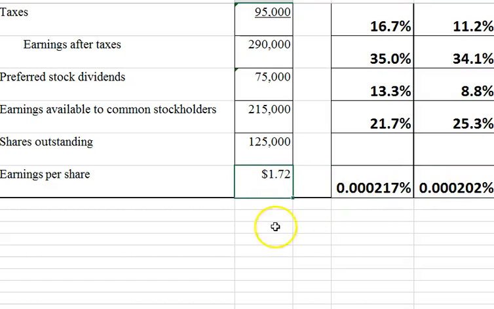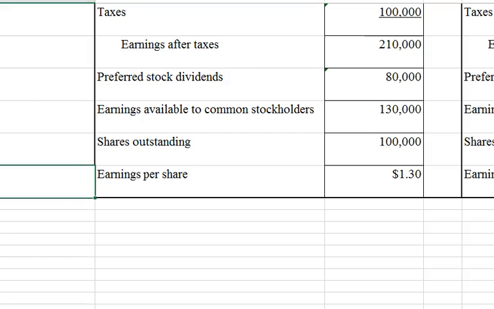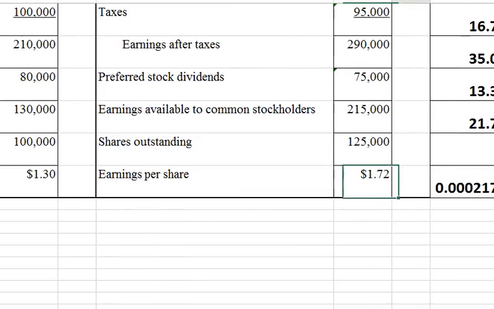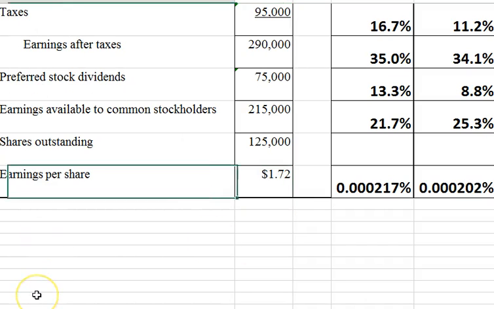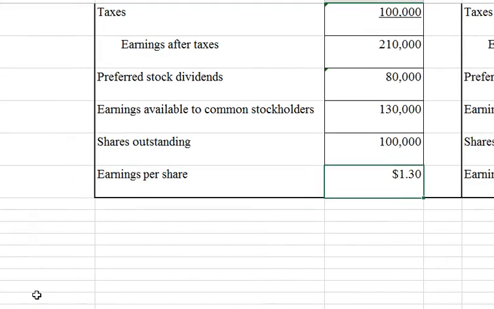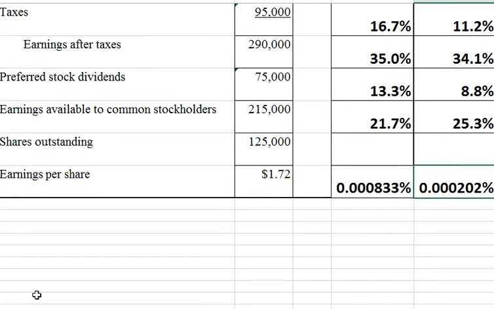And you would expect that because you have $1.72 per share here, and you have $1.30 here. So you'd expect this number to increase. If I said earnings per share in 2016 were $5, you see that it's an even larger percentage.